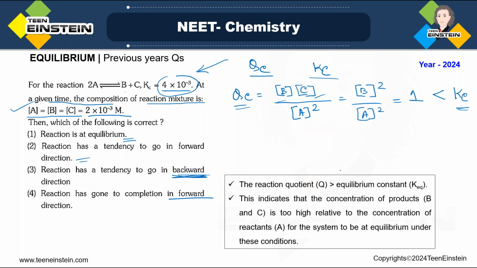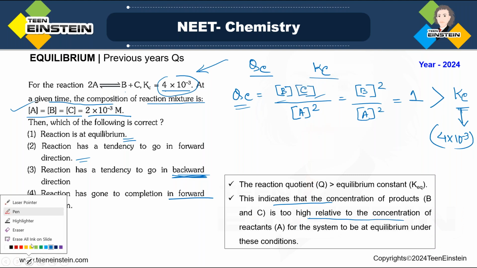So the reaction quotient, sorry, I have written it wrongly, it is greater than Kc, because the Kc value is 4 × 10^-3. As Qc is greater than the equilibrium constant, it indicates that the concentration of the products B and C is too high relative to the concentration of the reactant.